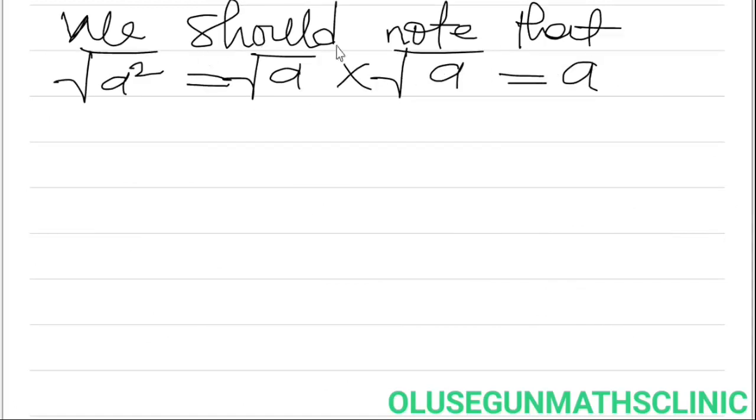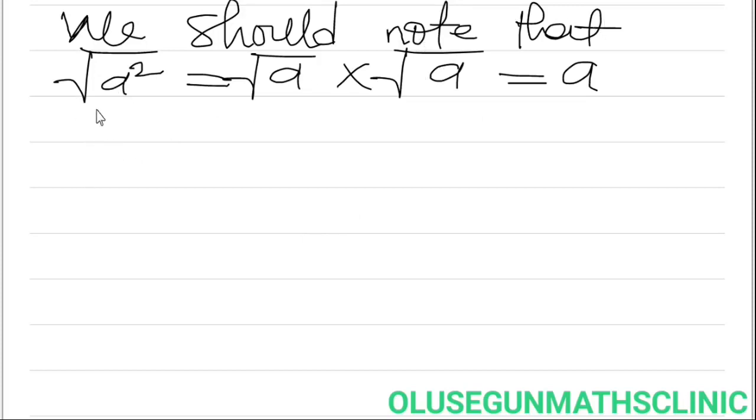We should note that root a squared is root a times root a. Any moment you observe root of the same number multiplying the same value, the answer is the same value. So therefore, it means that root a squared gives us a.